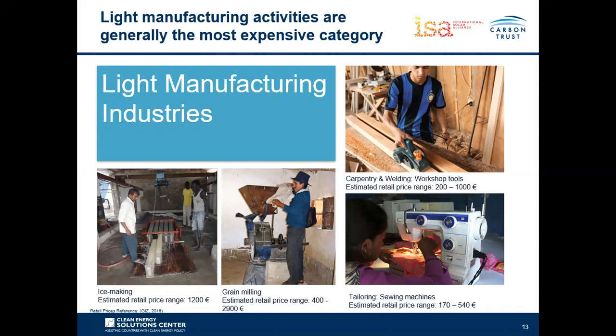Those that create an income and that create a good or a service. We can see here that the pricing for these industries is at times higher than for the primary industries.